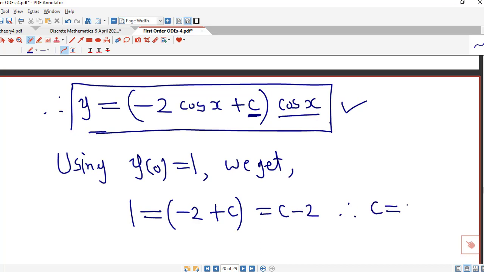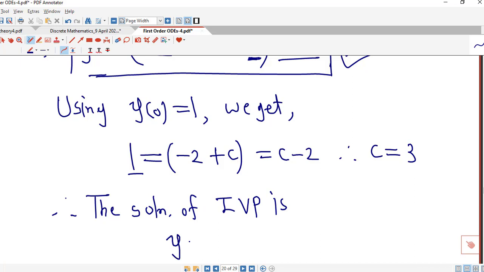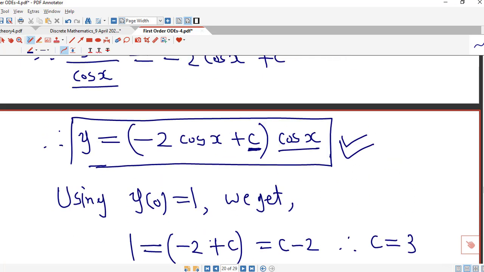Therefore c equal to 1 plus 2, which is 3. And we put the value of c here and we obtain our solution of the given initial value problem. So the solution of the initial value problem is y equal to, here we put c equal to 3, so we have (3 minus 2 cos x) into cos x.